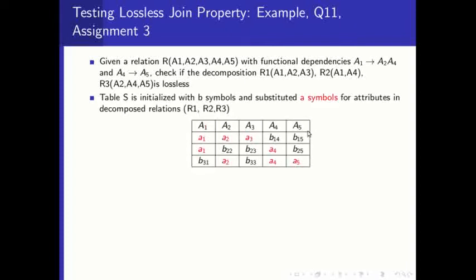These are the attributes. Two steps have been done as a single step. So the A symbols are substituted: A1, A2, A3 corresponding to R1, A1 as well as A4 corresponding to R2, and A2, A4 and A5 corresponding to R3.